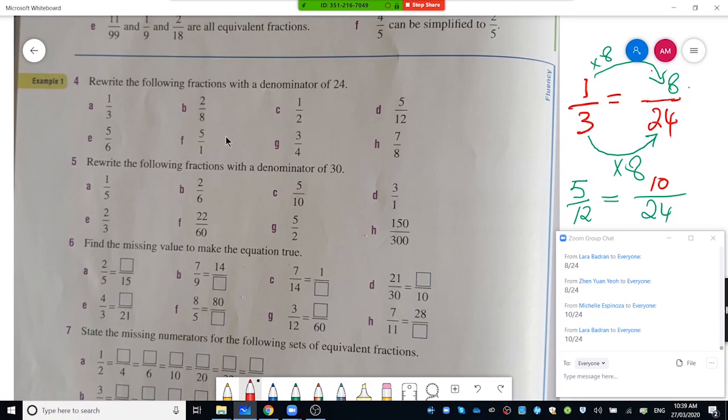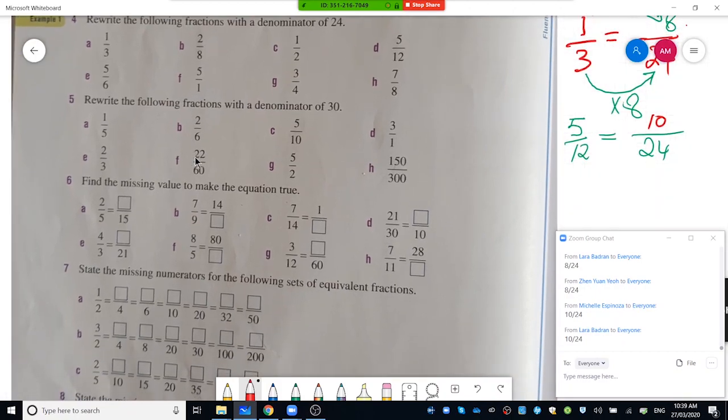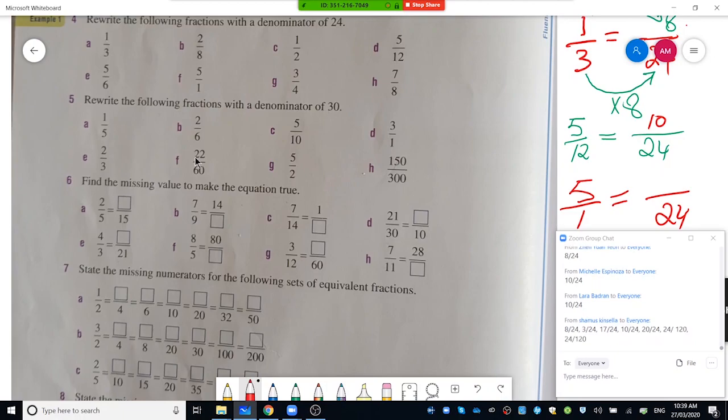That is F, 5 over 1. So can somebody let me know, if there is 5 over 1 and we want to change it to 24, so what would be there? So we want to have the denominator 24.